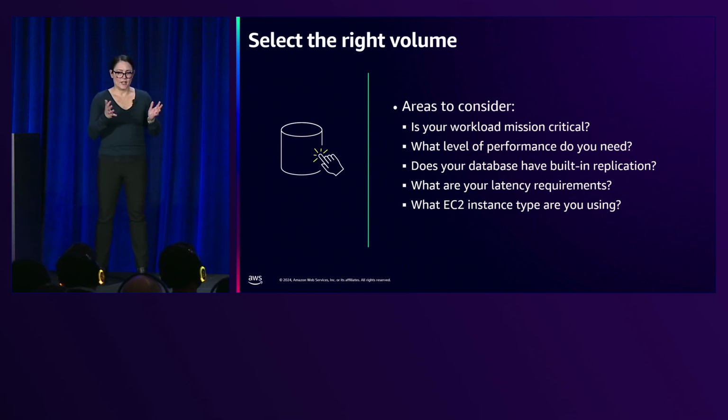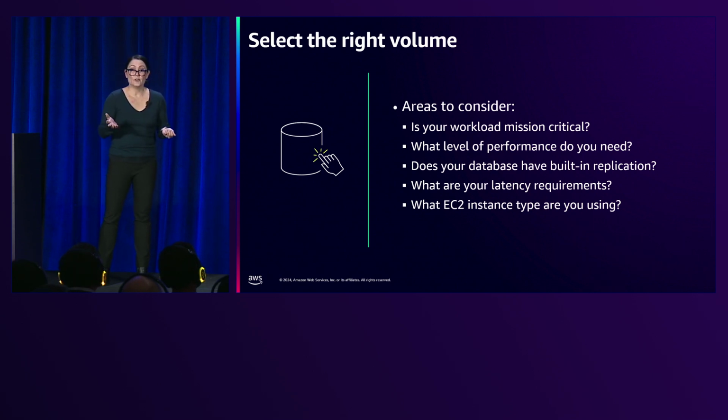So now that we have an understanding of the basic capabilities of different volume types, we need to understand your application's requirements. The first questions to address are, what are your performance needs? What does your application need in terms of IOPS and throughput performance, and also in terms of latency? There are other questions like database replication, for example.